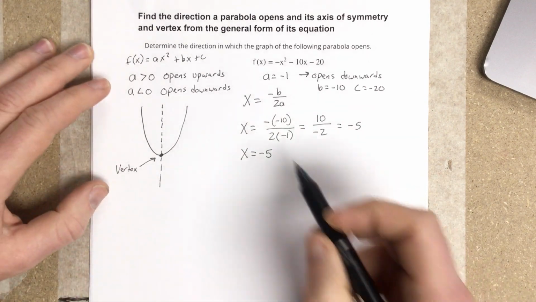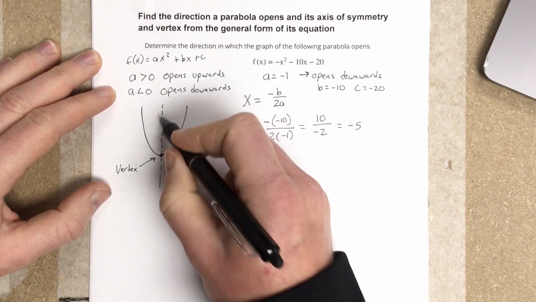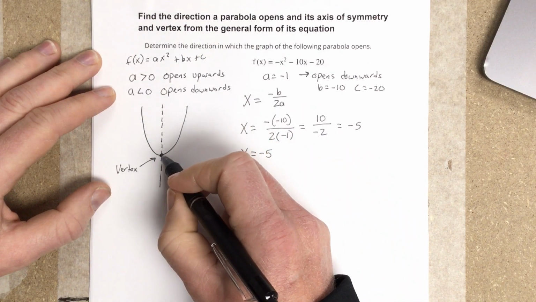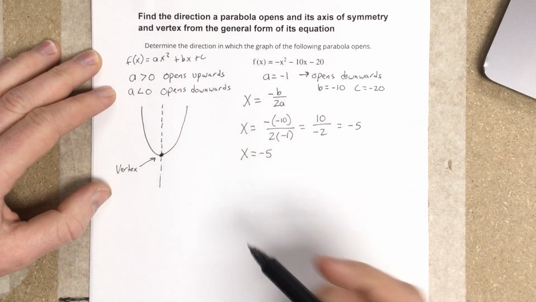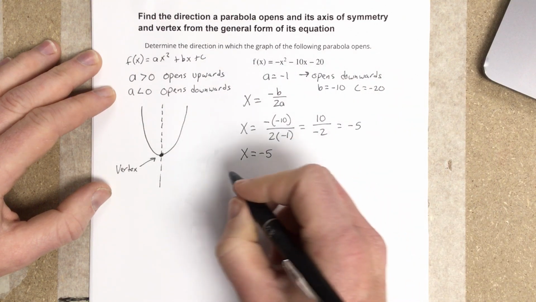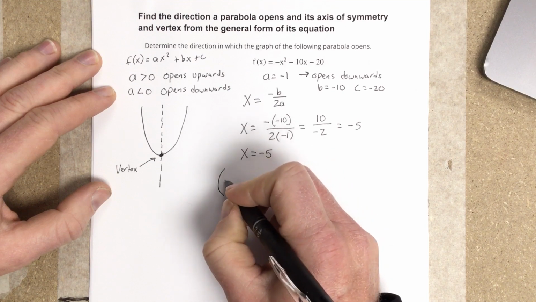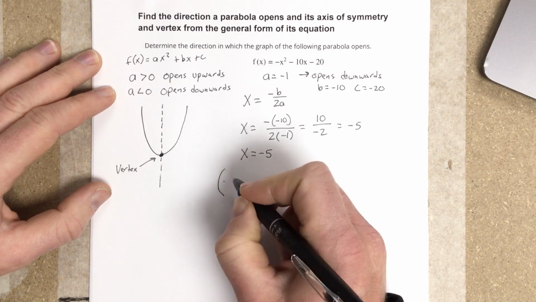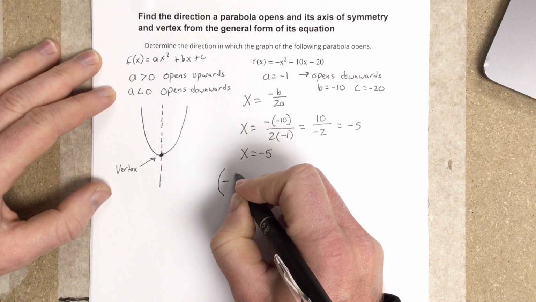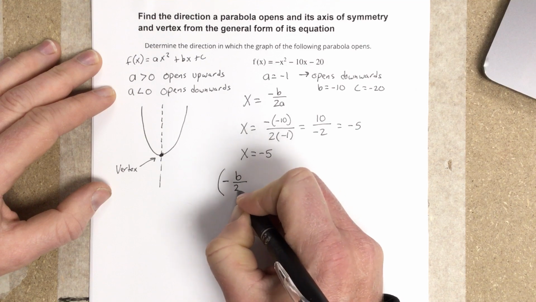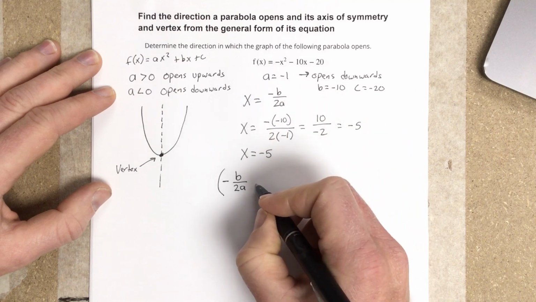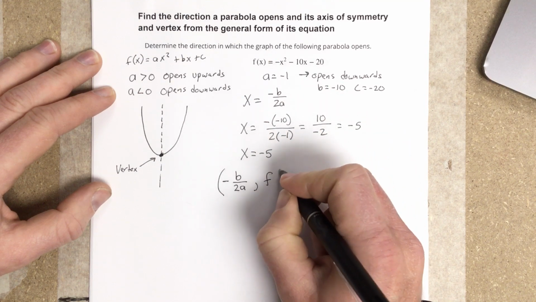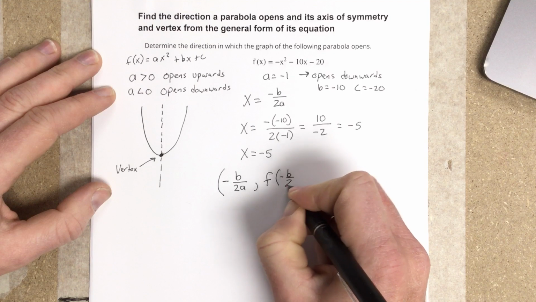Now, it just so happens that this axis of symmetry passes through the vertex. So in the third part, they want us to find the vertex. There's a couple of expressions for finding the vertex: -b over 2a, which is exactly what we just did, comma, f of -b over 2a.